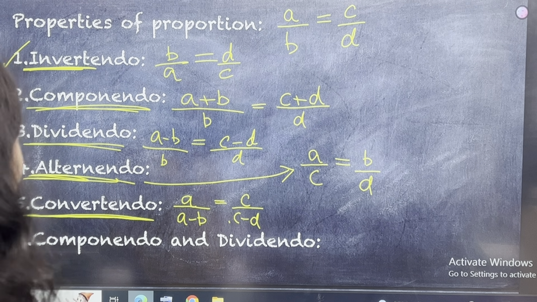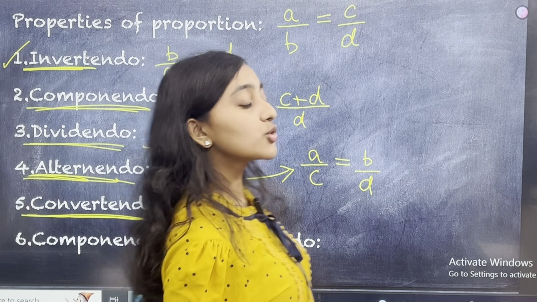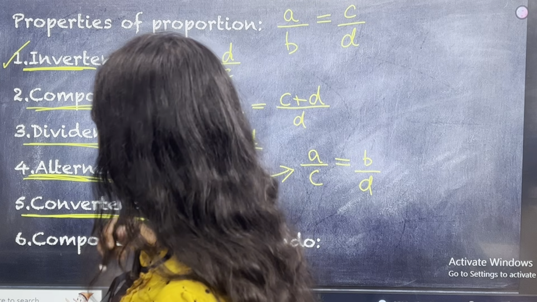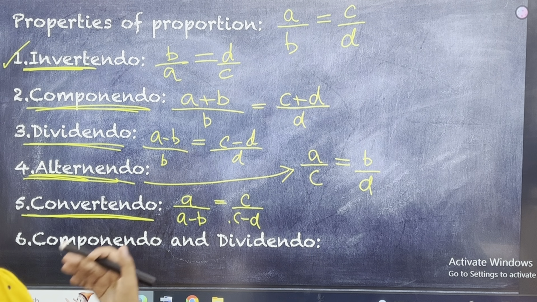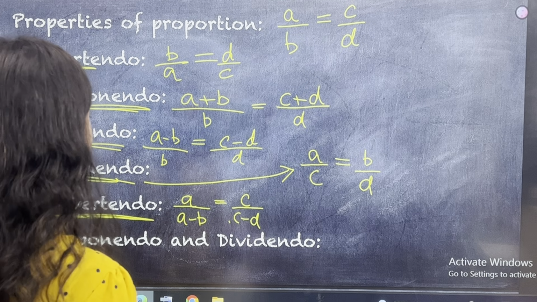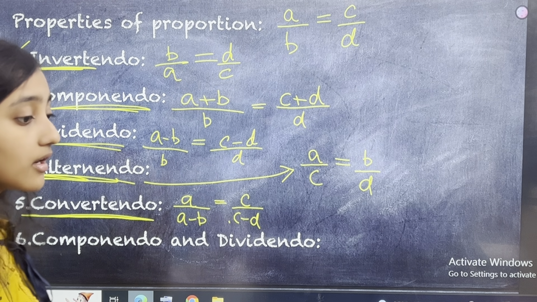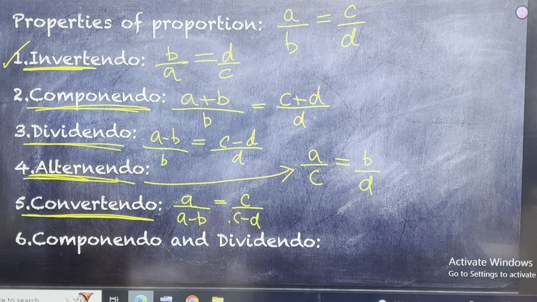In dividendo, you said A minus B by B is equal to C minus D by D, whereas in convertendo we are saying A by A minus B is equal to C by C minus D. It's a little different from dividendo. You're doing subtraction in convertendo as well, but the numerator stays as it is and you do the operation in the denominator.